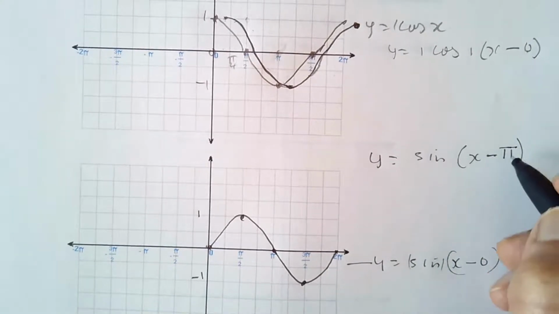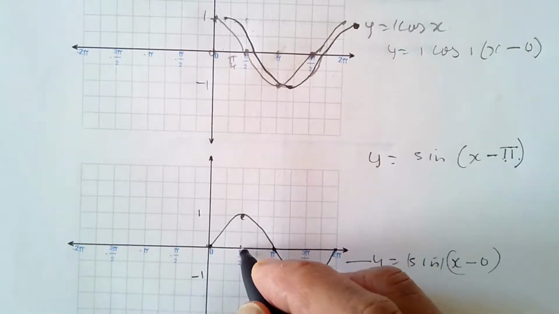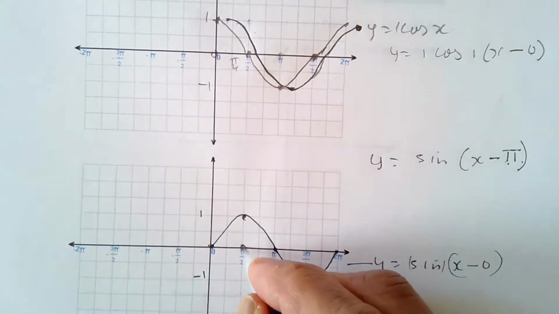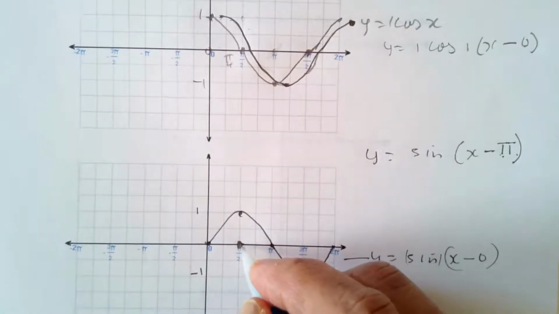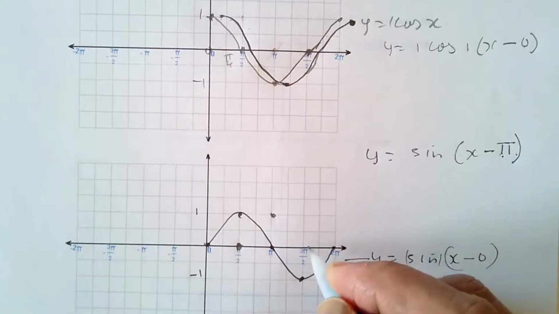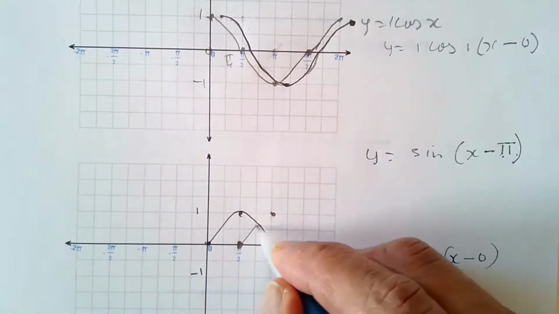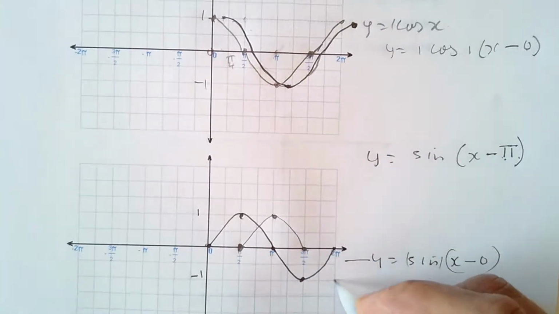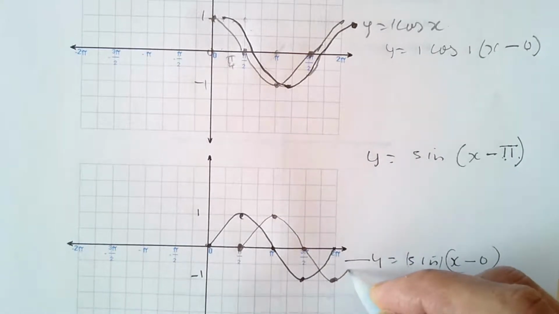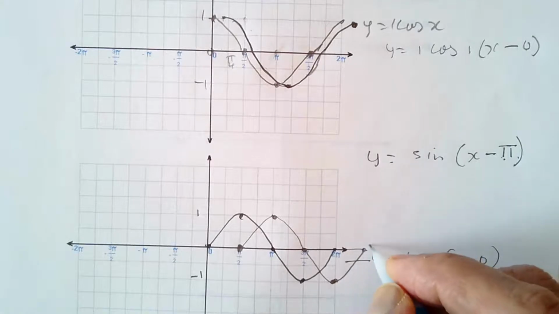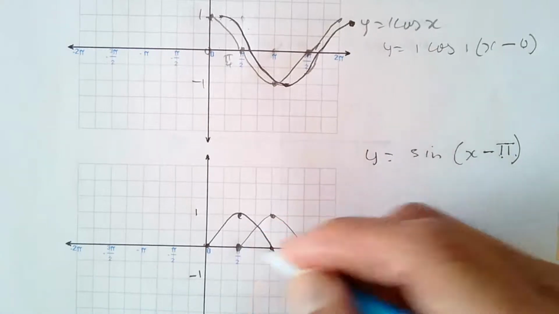Now, if it shifts pi units, instead of starting from 0 here, it now starts from here. My points start from here, go up here, down here, and I have to extend it to 2.5 pi. So this is a horizontal shift.